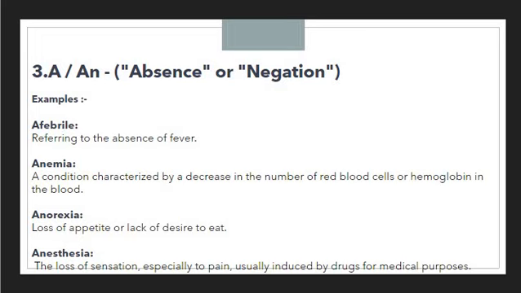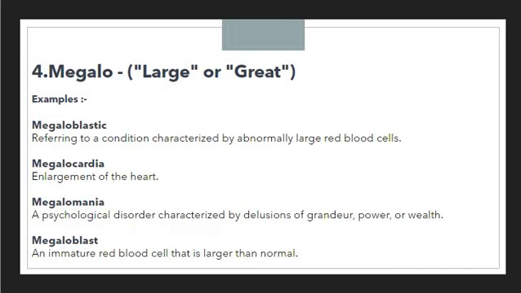Fine. Then we have the next prefix, megalo. Megalo represents large or great. Whenever we want to show something large or great, we will use the prefix megalo. Make sure that we are learning about prefixes, not the entire word, because a prefix indicates many things, as we saw.